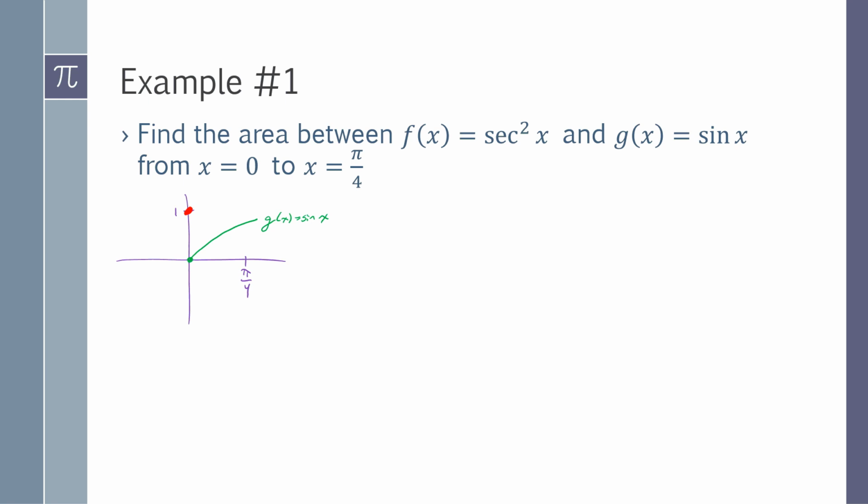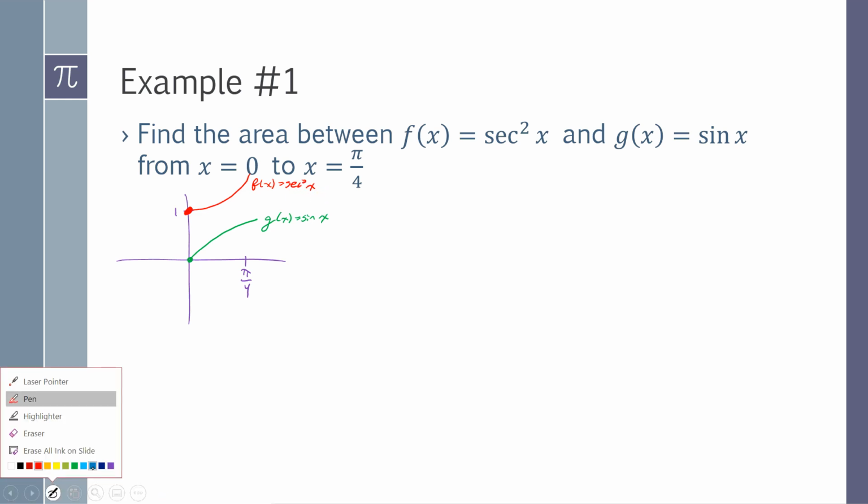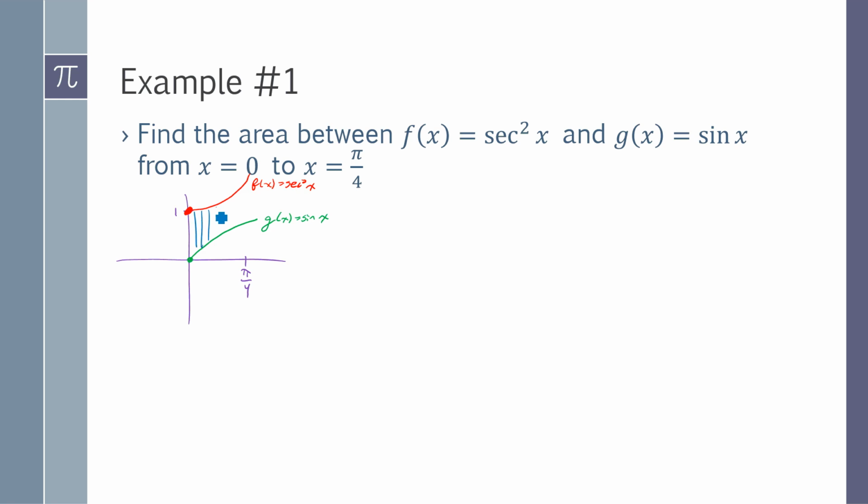But now, secant squared is really a parabola because I'm taking some number squared, and it's opening up. I can now see, the reason I recommend this, what is on top and what is on bottom, and I'll be doing the integral for 0 to pi over 4, my top, secant squared, minus the bottom, sine, with respect to x.